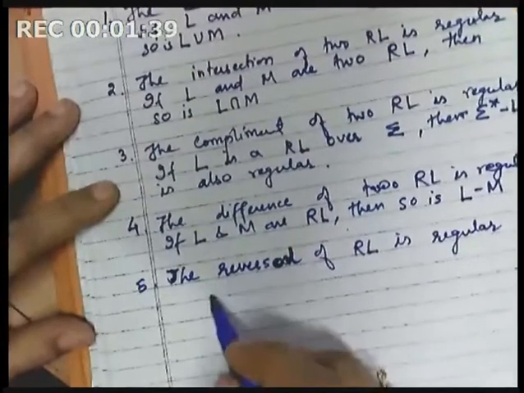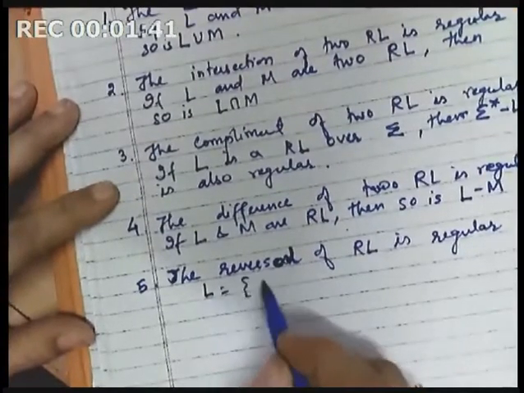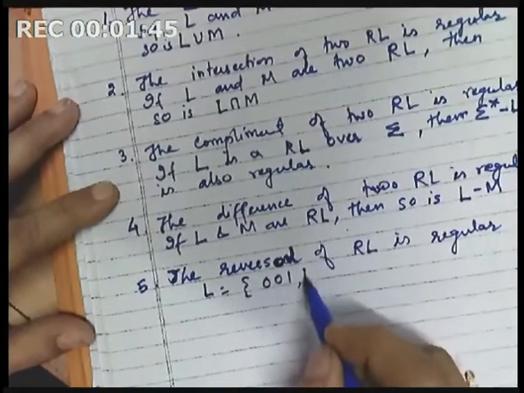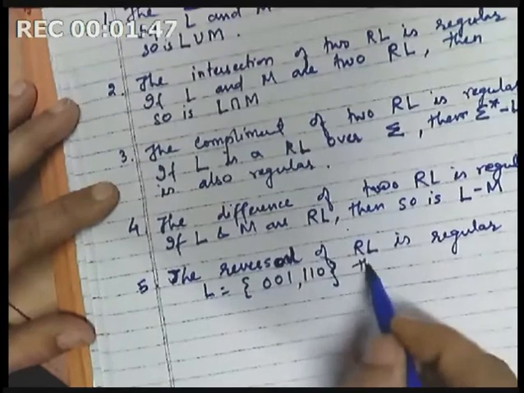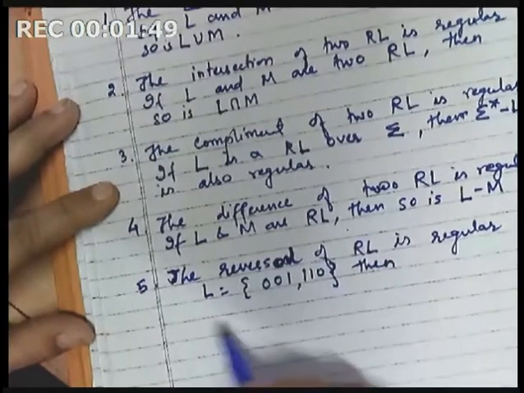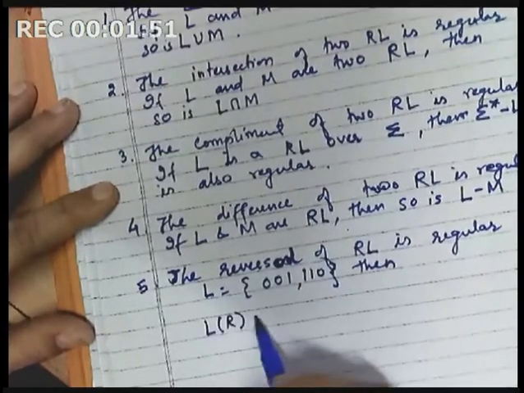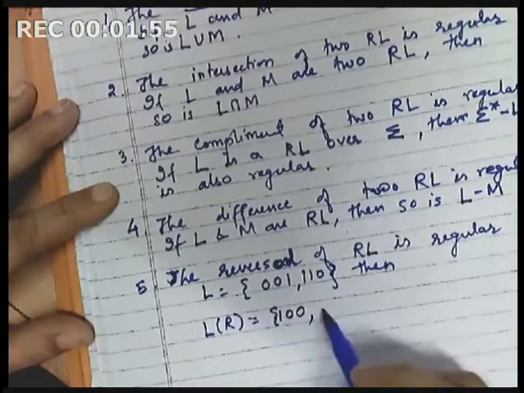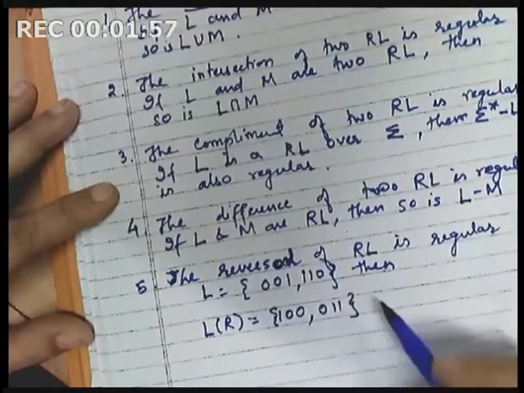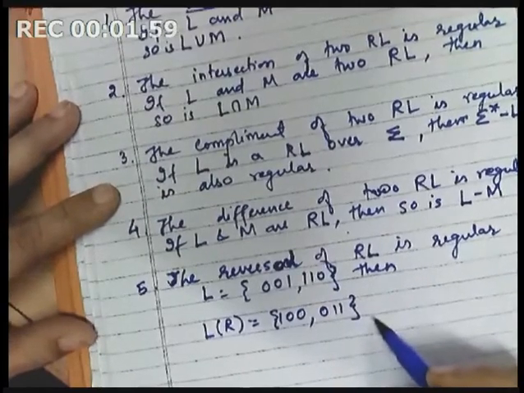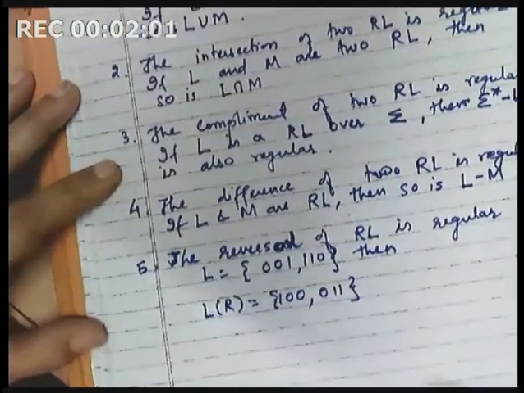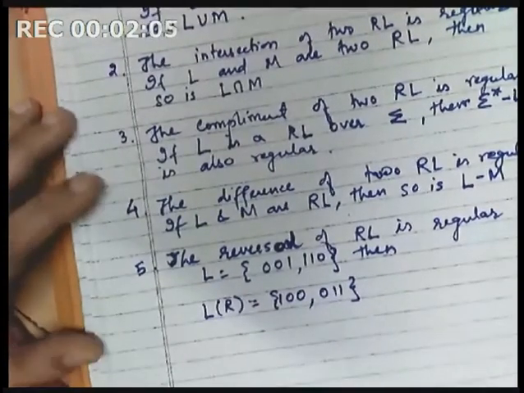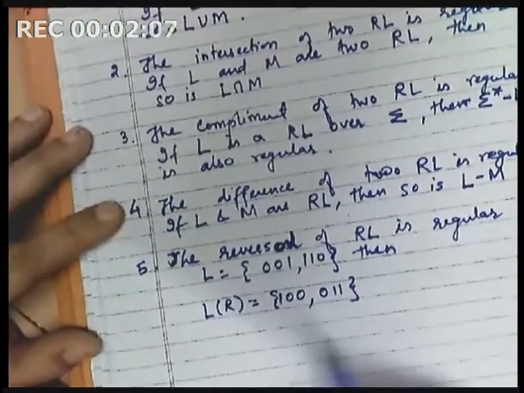Suppose L is equal to 001, 110, then the reversal of this language will be 100, 011, which will also be regular. So if L is a regular language, then its reversal is also a regular language.